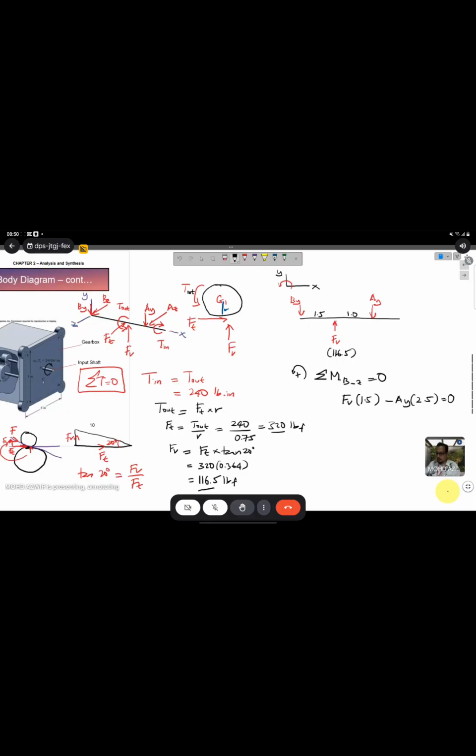Then you can calculate your Ay. Ay is equal to Fr, which is 116.5, times 1.5 divided by 2.5.